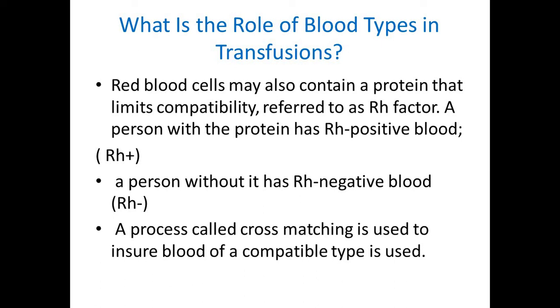For example, Landsteiner studied many people. He found about 85% have this protein, so he said they have rhesus or RH positive blood. That means their red blood cells contain this protein or factor.